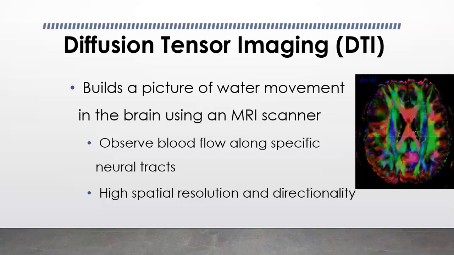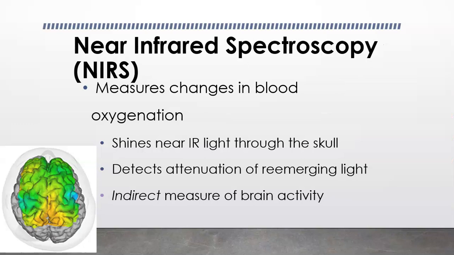Now, the next type that we're going to talk about is near infrared spectrometry, or NIRS. This technique measures changes in blood oxygenation. So it is similar to the fMRI, except it doesn't use an fMRI machine.